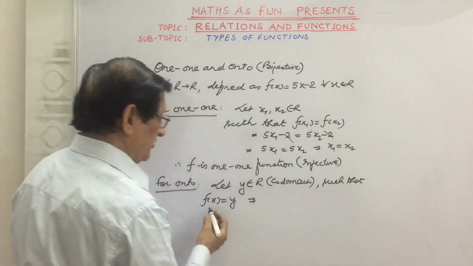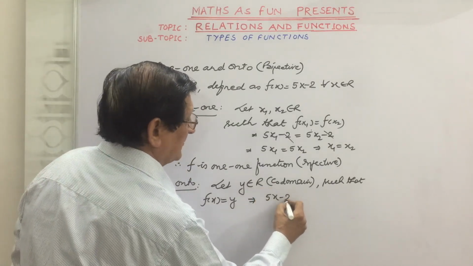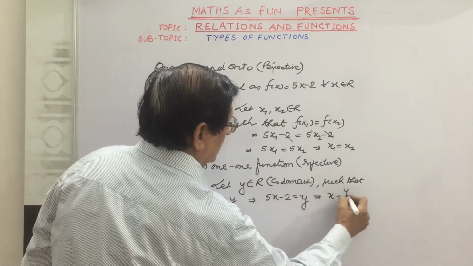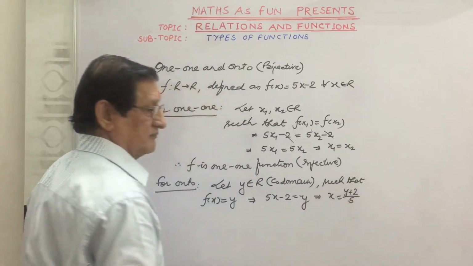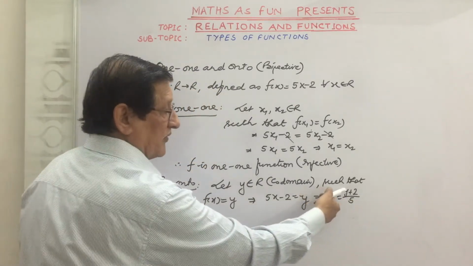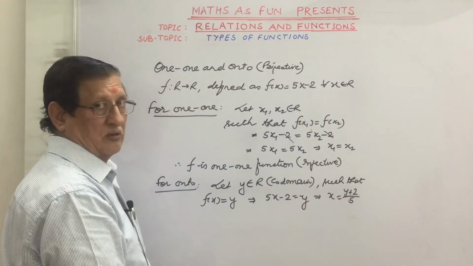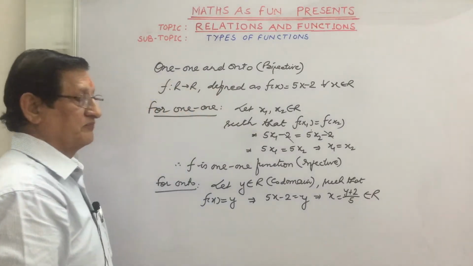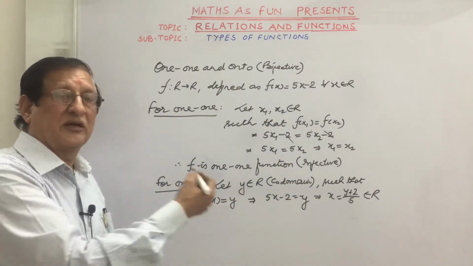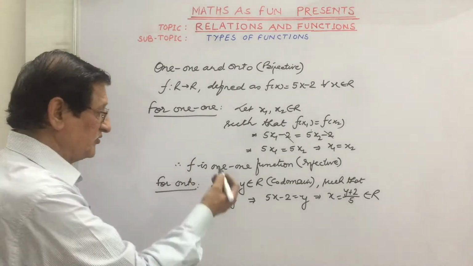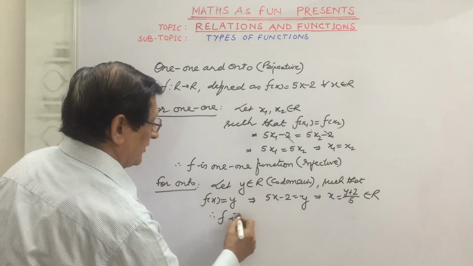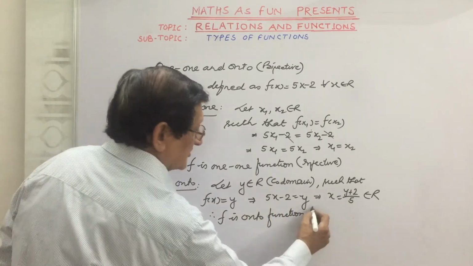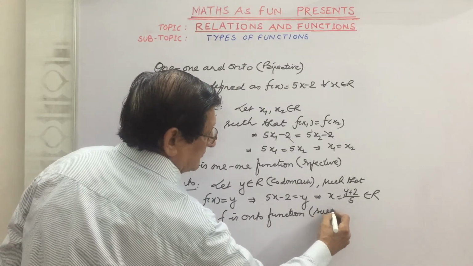To go for that, f(x) is 5x minus 2, that is equal to y, and this gives us x is equal to (y plus 2) upon 5. And we know for every y belonging to R, or for any real number y, this will certainly belong to R. It means x is a real number, x is lying in the domain, and hence we can say therefore f is onto function, that is surjective.